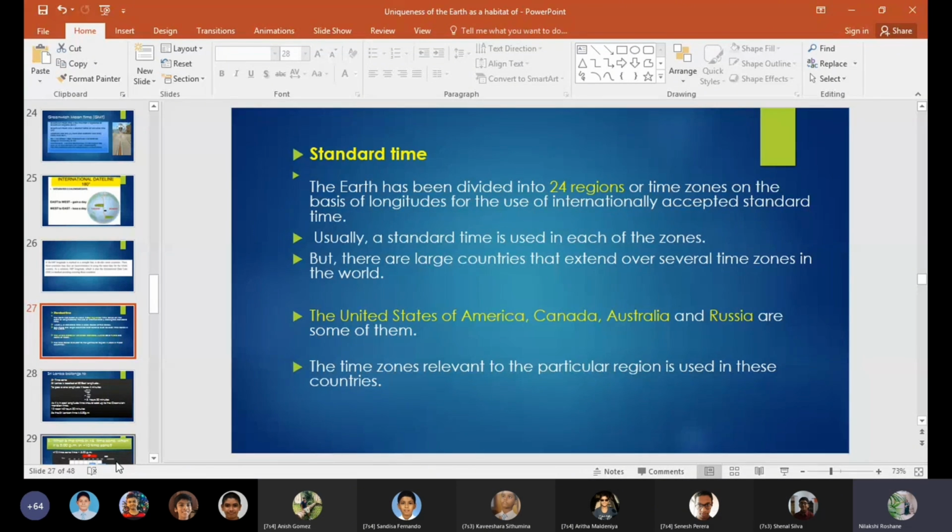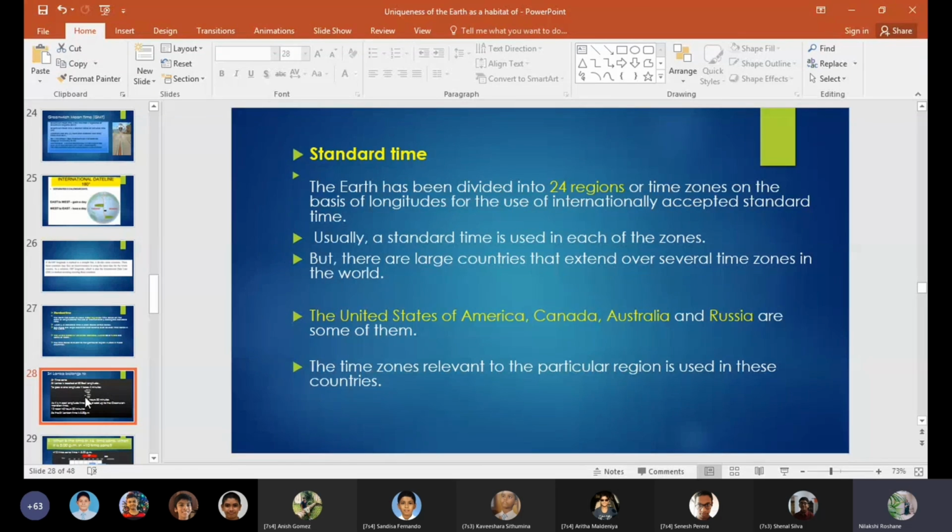To avoid differences in time in the same state, the time zone relevant to the particular region is used in these countries. Let's discuss the time zone which Sri Lanka belongs to. Sri Lanka belongs to the 5th time zone. Sri Lanka is located at 80 degrees east longitude.